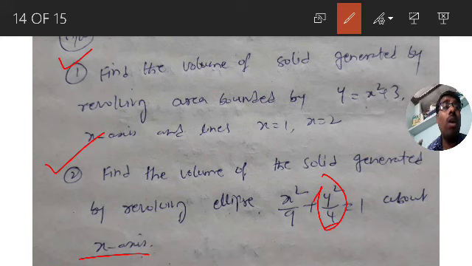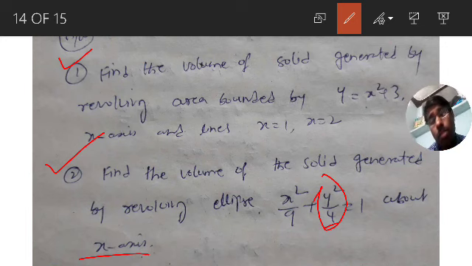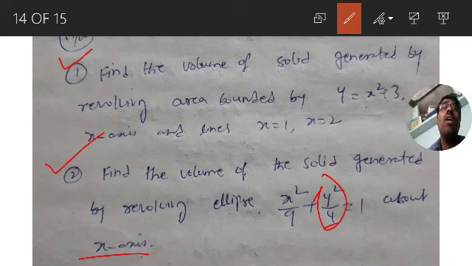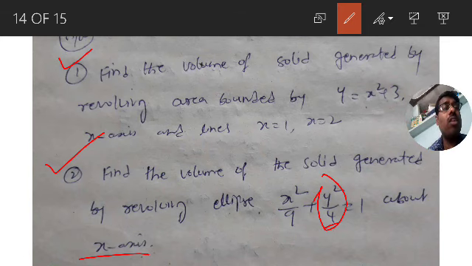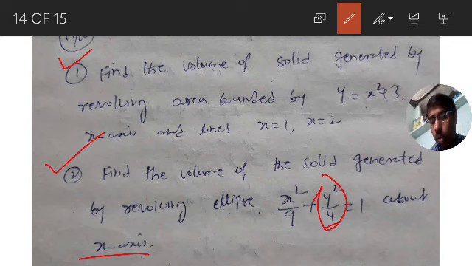But my request is, first of all, read all the formulas. Then solve the problems, practice the problems, how we are doing the ellipse problem, the volume of a sphere, how we are finding it. So practice all the 6 problems that we have given in this video. What is the trick, how you are applying it, how you are doing integration, how you are applying upper limit minus lower limit, how to find limits, everything.